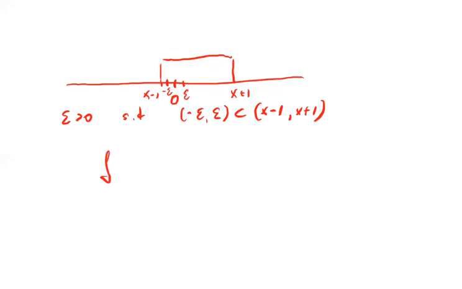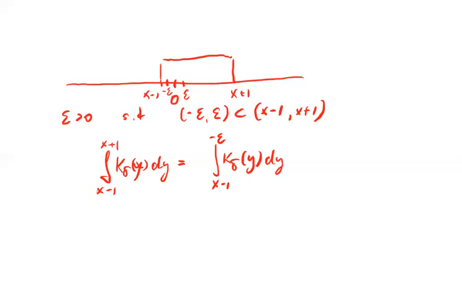The integral from x minus 1 to x plus 1 of k delta of x, k delta of y dy is equal to the integral from x minus 1 to negative epsilon, plus the integral from negative epsilon to plus epsilon, plus the integral from epsilon to x plus 1.